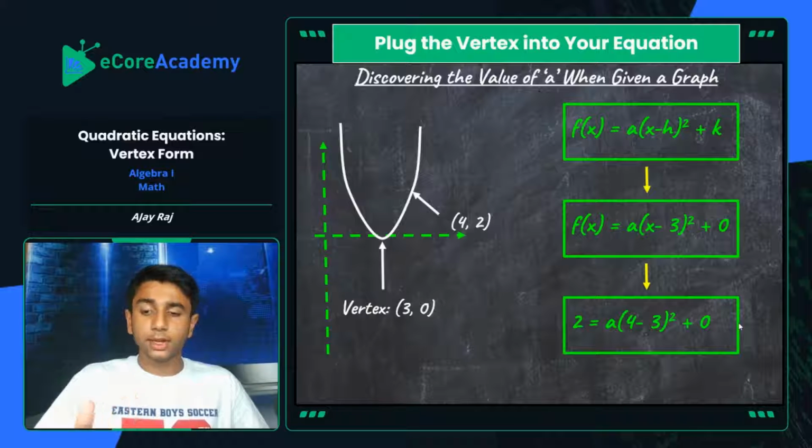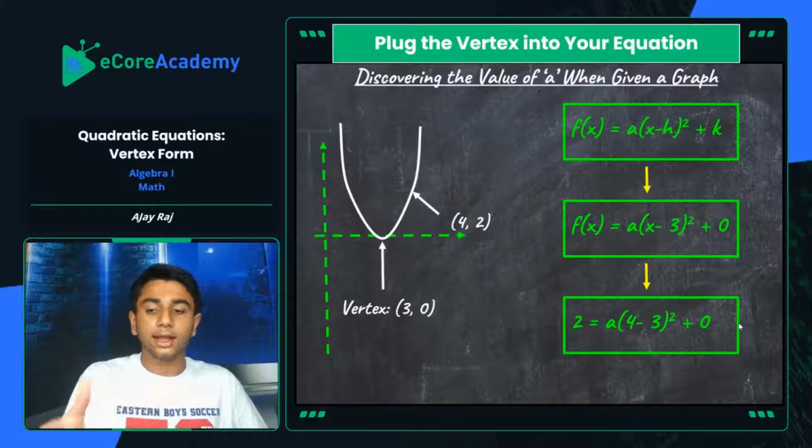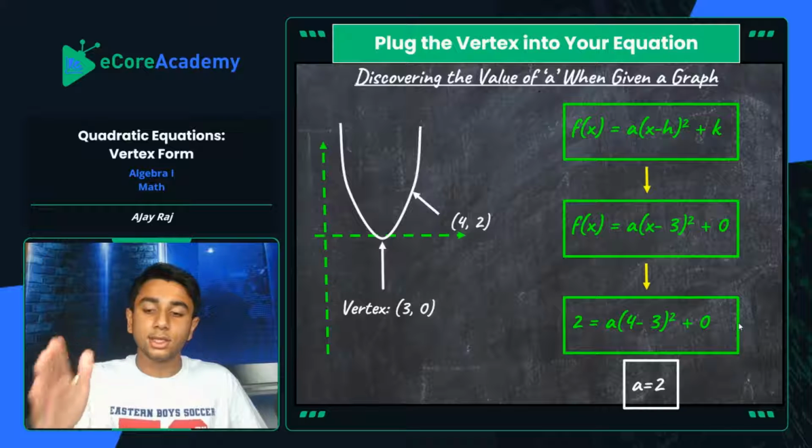So when we calculate that out, 4 minus 3 is 1, 1 squared is 1, so then we're left with a times 1 being a, so we're left with the equation 2 equals a plus 0, 0 cancels out, so that means that a is equivalent to 2, just basic computational math.